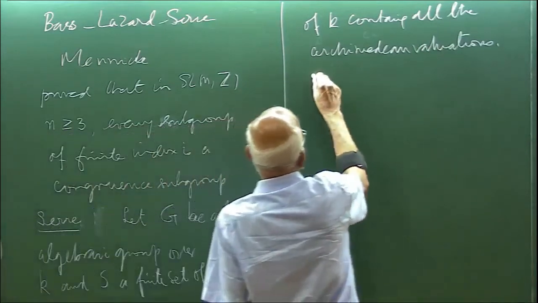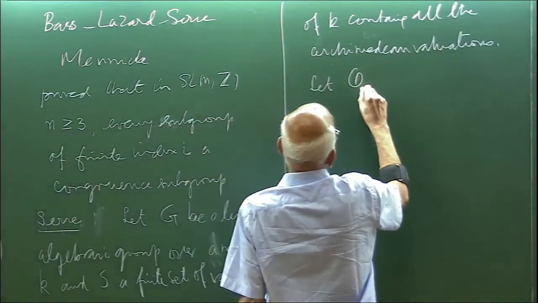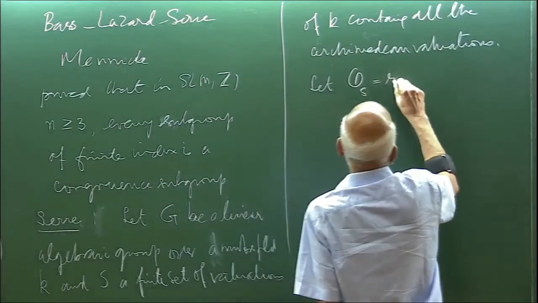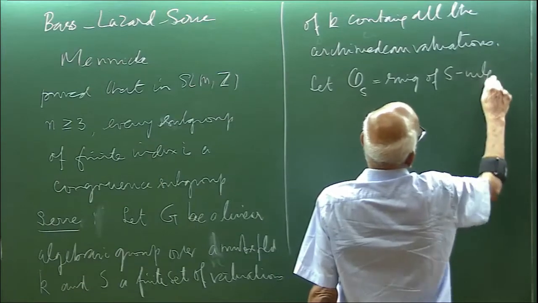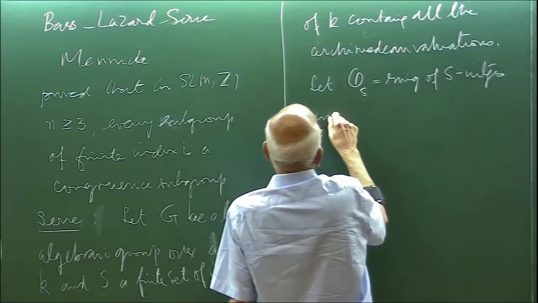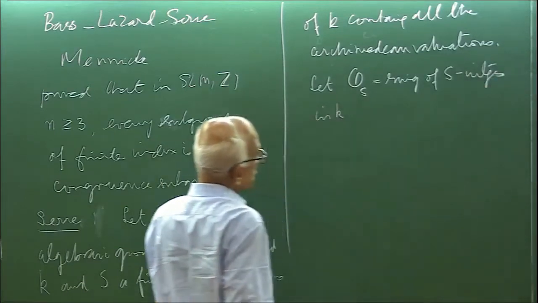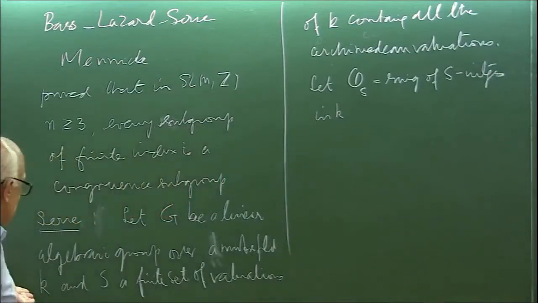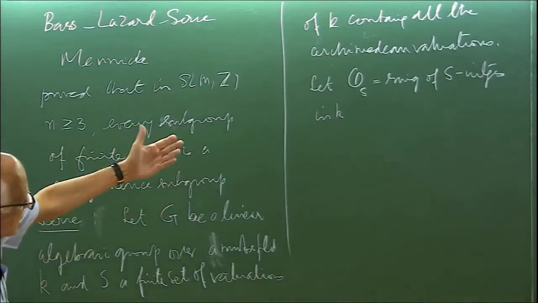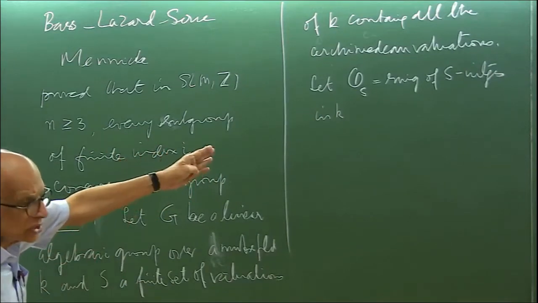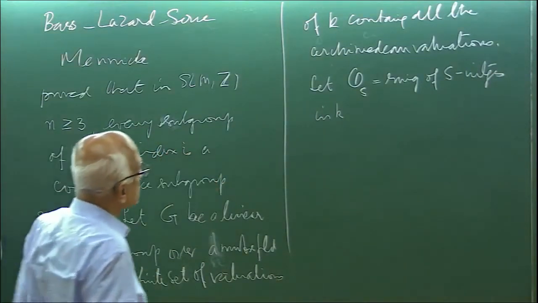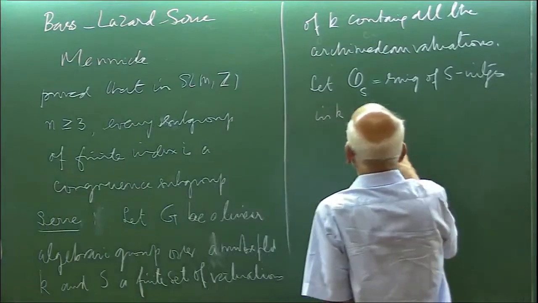Let O_S be the ring of S-integers in K. In the case when K equals Q, this simply means S is a finite set of primes, and you just invert the primes in S.